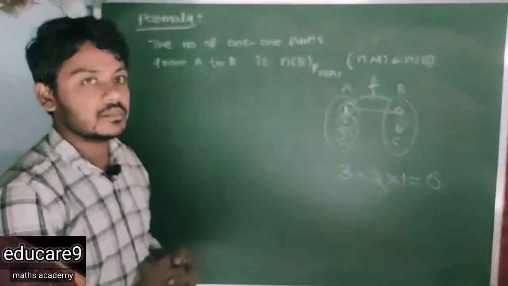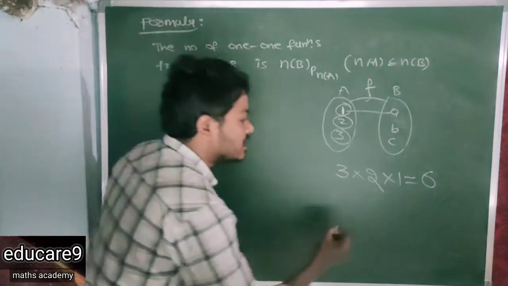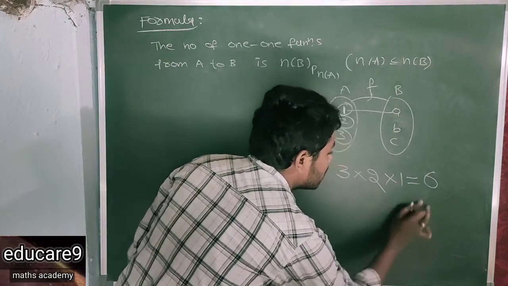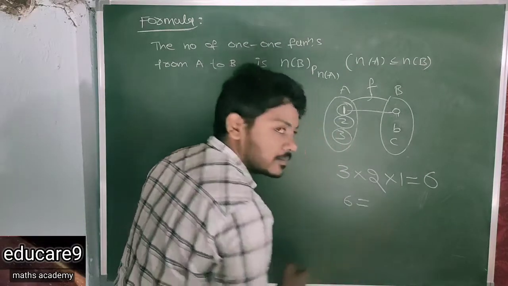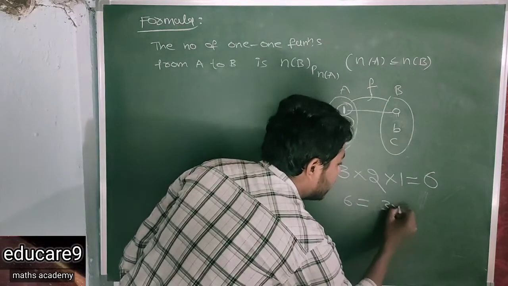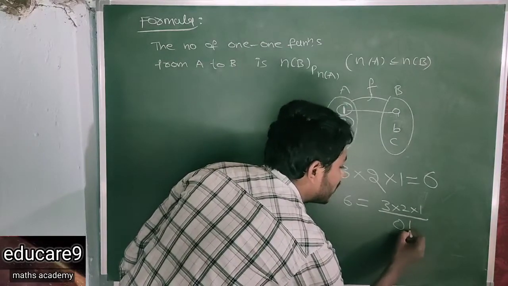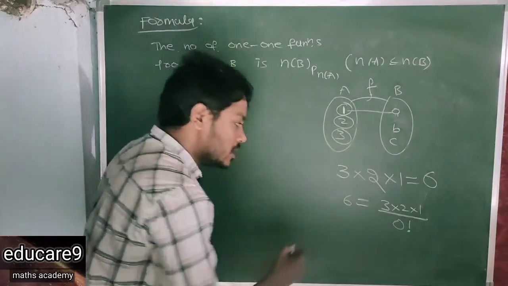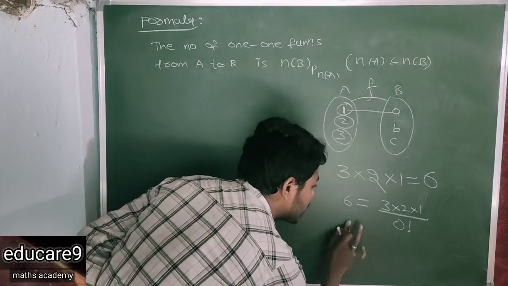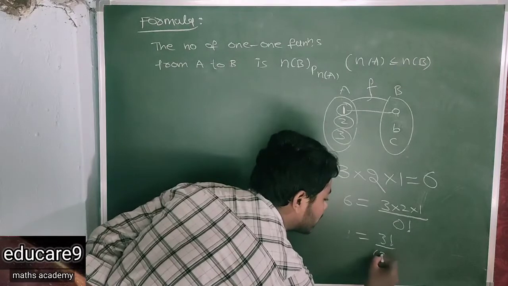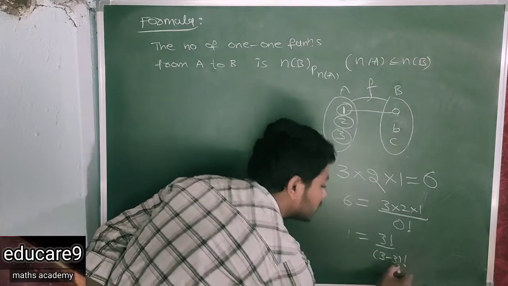So clearly this 6 can also be written as 3 into 2 into 1 by 0 factorial. This is also written as 3 factorial by (3 minus 3) factorial.